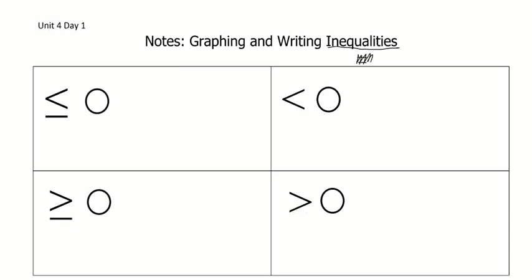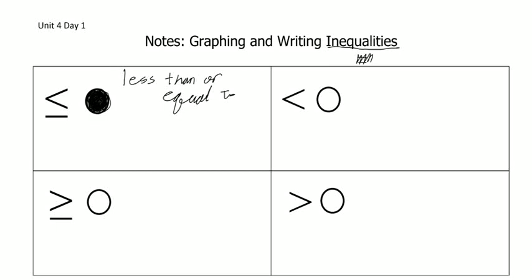So, to kick things off, we've got less than or equal to. Now, these are going to be using a darkened in dot. We're going to make sure that our dots are all nice and darkened in for these.